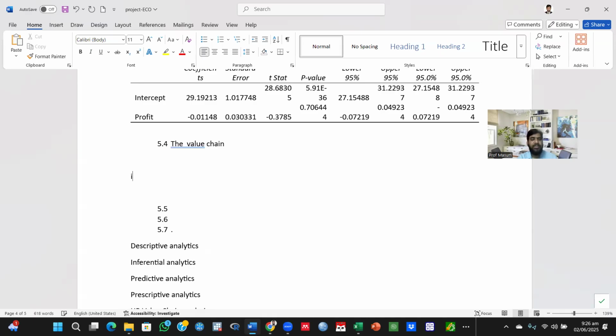Value chain was the impact of HR expense on profitability, which is leading to profitability and stock price, you can say.